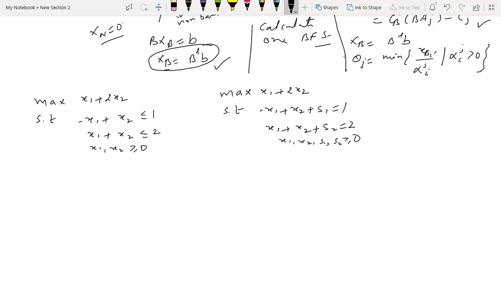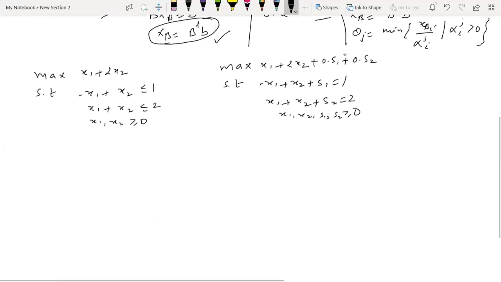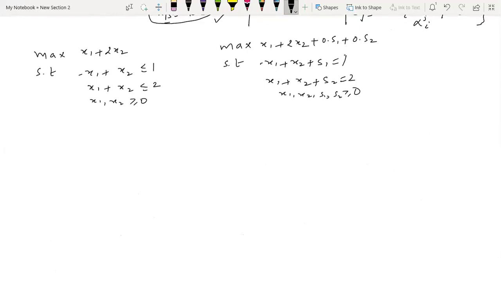Now since I have added the slack variables, the contribution of these slack variables in my objective function is 0. To construct the simplex table, we need to identify the basic variables. Again, as I discussed earlier, choosing the basic variables is itself a big problem.